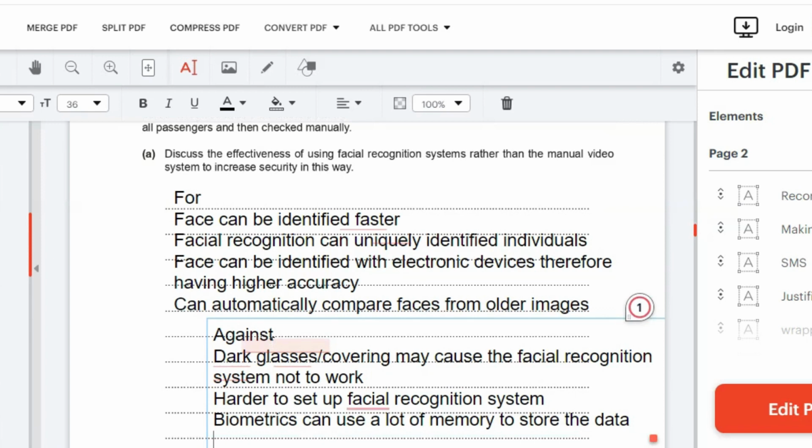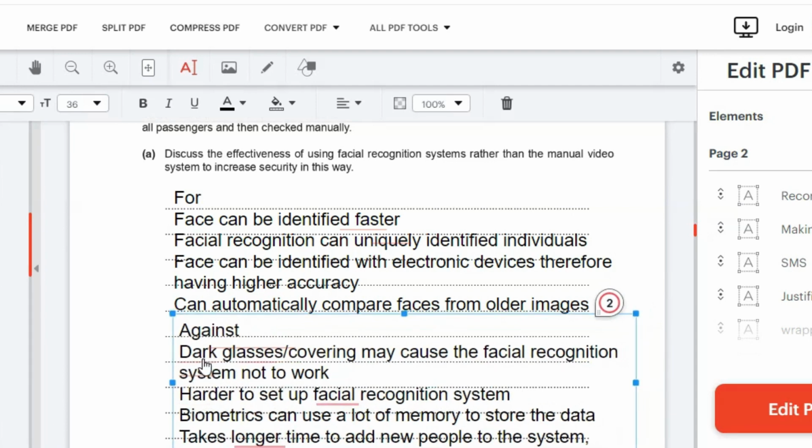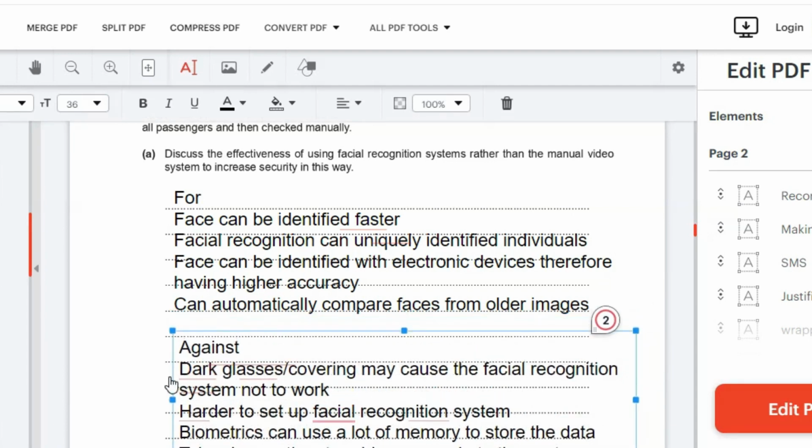Let's add one more. It takes longer to add new people to the system. All right, so these are also 4 points against the facial recognition system.